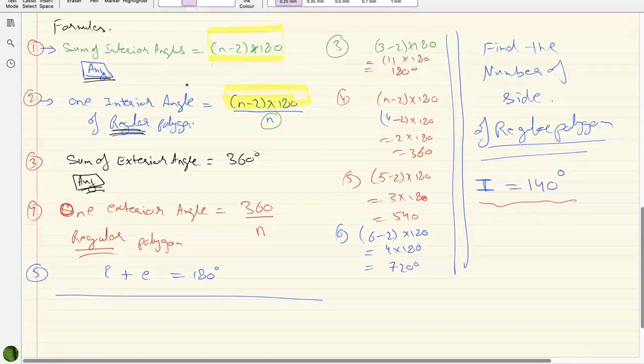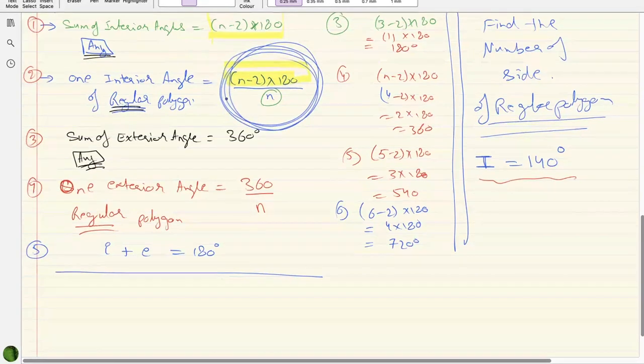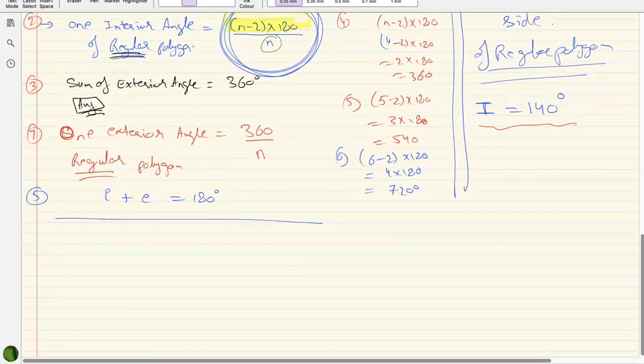There are many students who would choose this formula. There's nothing wrong with this. But what happens? They would take half a minute more than the method you chose. That's very correct. And I'll just quickly make a comparison of both of these.